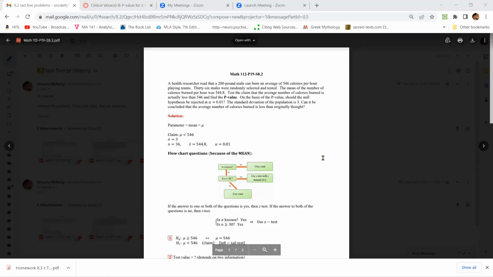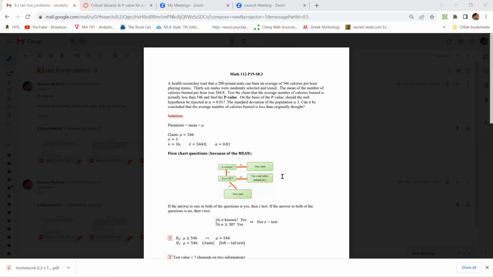Need the next group. So let's see. This must be the last group of problems that we did. Here it is. Here's my 200-pound man. Okay, so let me put this on the screen here, and we'll see what we can do. If there are mistakes, I will redo it. I haven't checked this in over a semester, so I don't know.